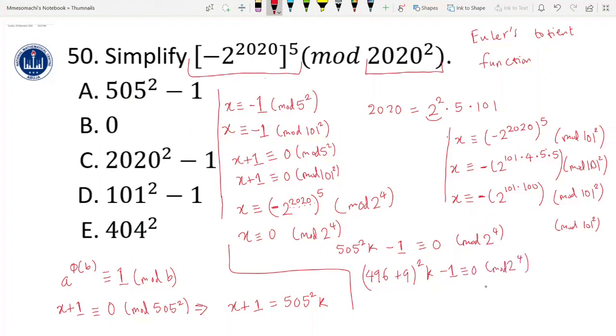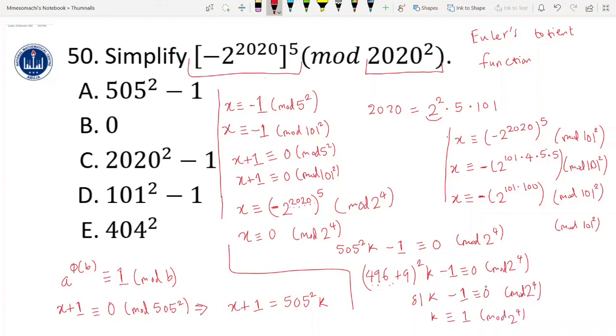And so we can see that 496 is divisible by 16, so we have 9 squared, which is 81 k minus 1 mod 2 to the power of 4. And we see that 80 is divisible by 16, so what we have is k is congruent to 1 mod 2 to the power of 4.